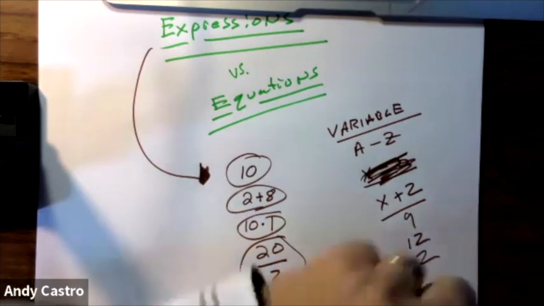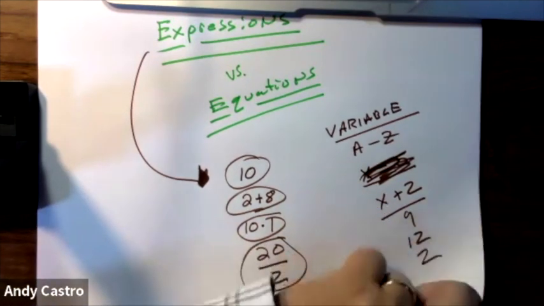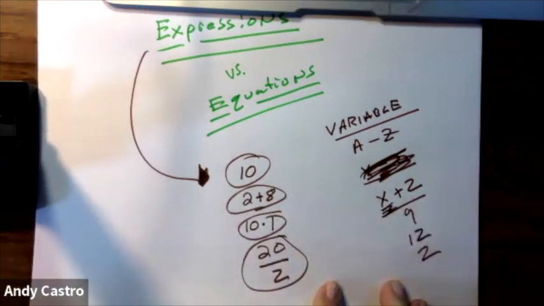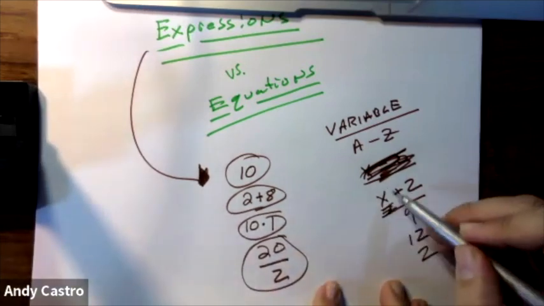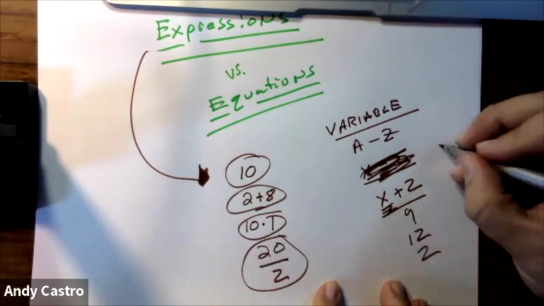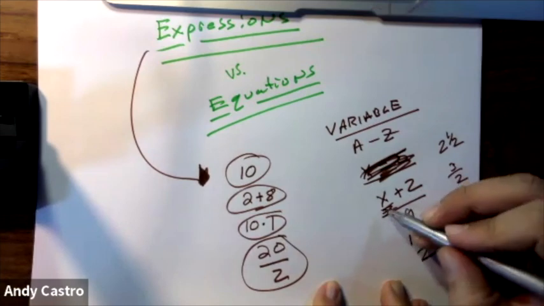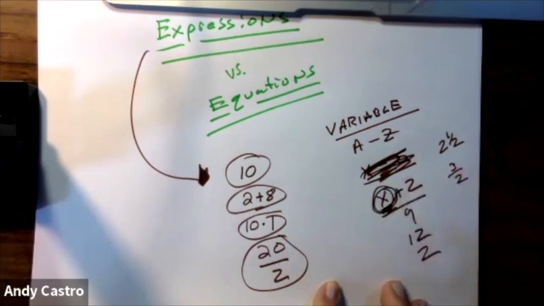So your expressions can change depending on variables, because a variable can represent any number. It can represent a half. A half plus 2 would be 2.5, or 3 halves. So it literally can stand in for any number.